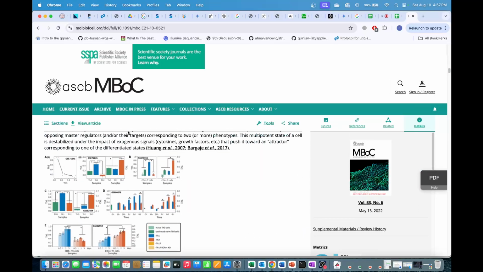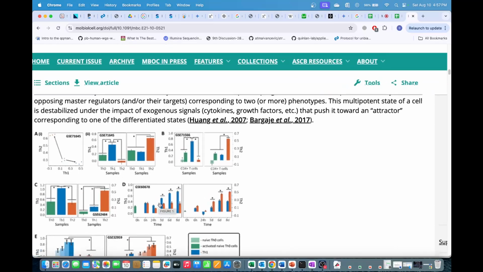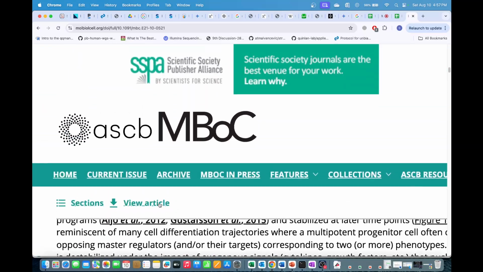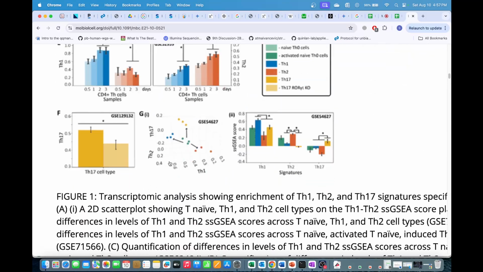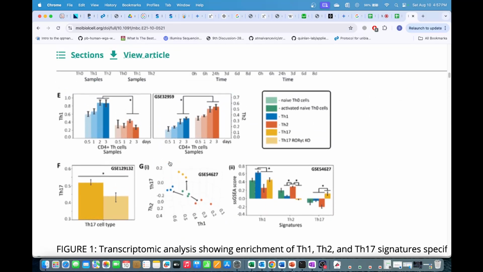We also validated this using publicly available RNA-seq data. So these are very commonly used methods that are seen if you check different papers, and are used to model the system.